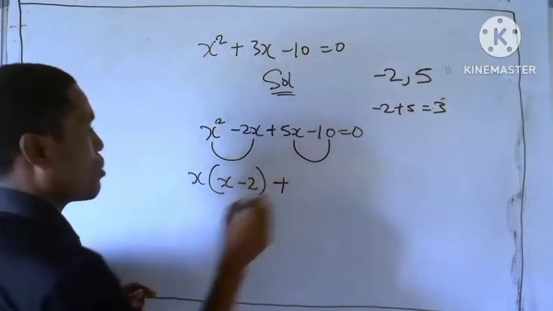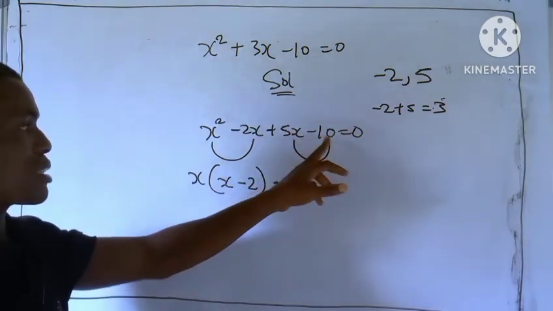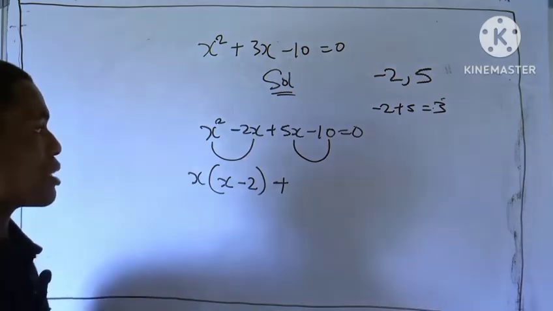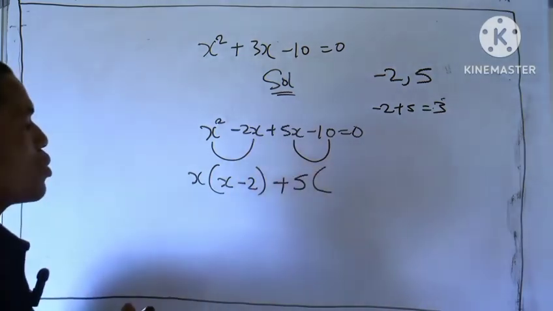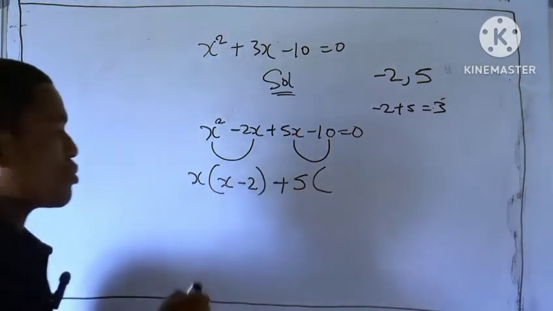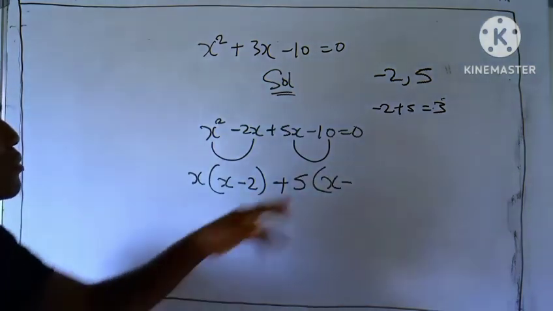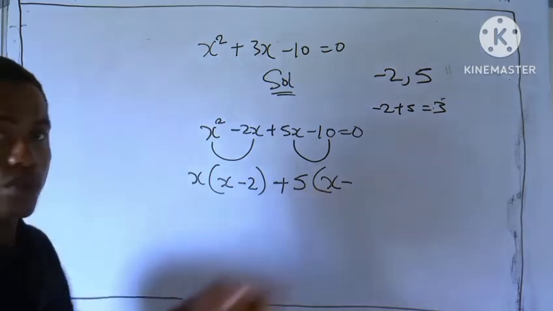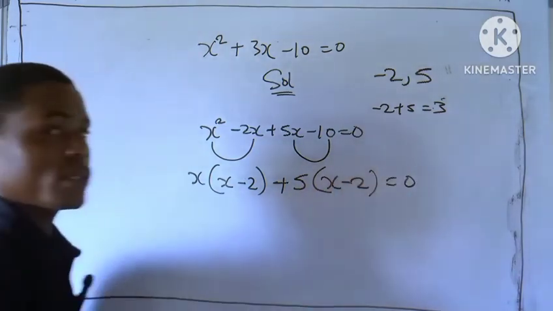Let's come to the second one, plus, what can we factor out from 5x and minus 10? We can factor out 5, isn't it? 5. So 5x divided by 5, it will remain only x, right? Minus 10 divided by 5 is what? Is minus 2. Everything equal to 0.